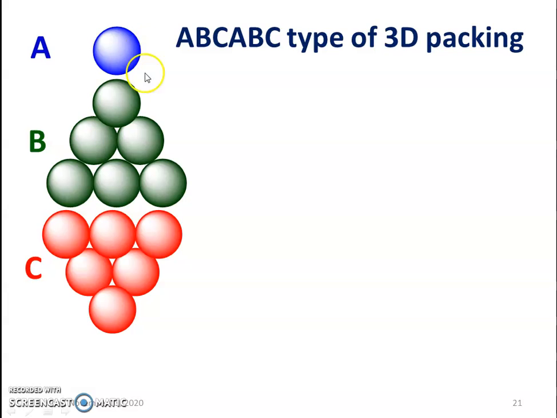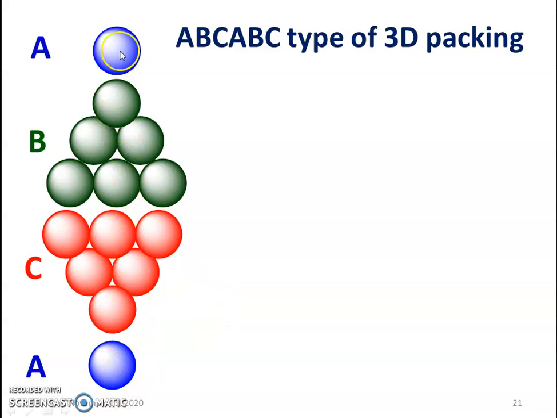So all three layers are different: A, B, C. Now consider again the fourth layer, which is the same as the first, that is A. In this type of packing, the third layer is placed over the second layer in such a way that all the spheres of the third layer fit in the octahedral voids. This is very important. In other words, in this type of arrangement, every fourth layer is similar to the first. Hence it is called the ABC type of arrangement.